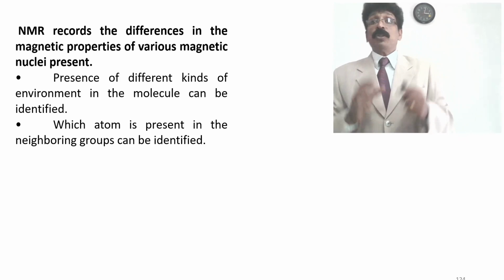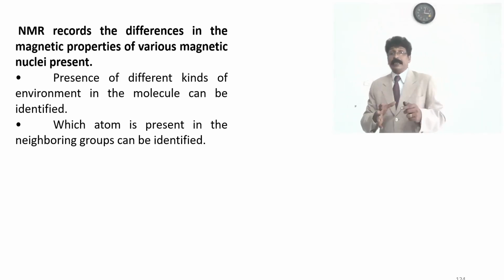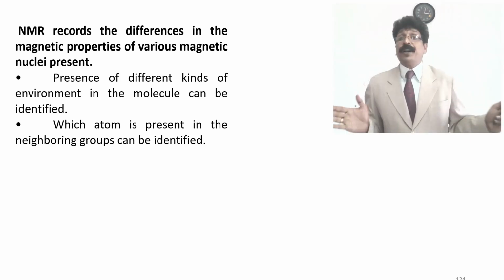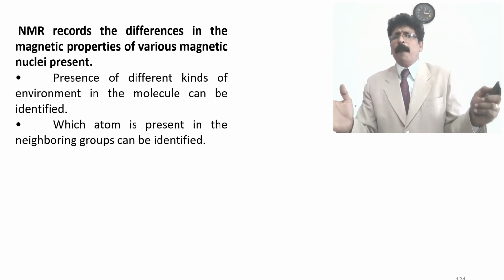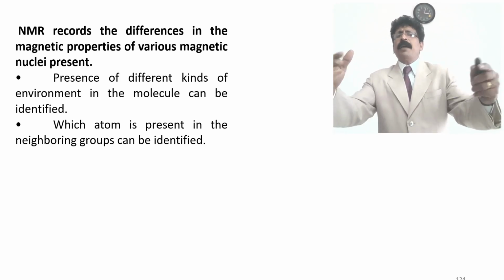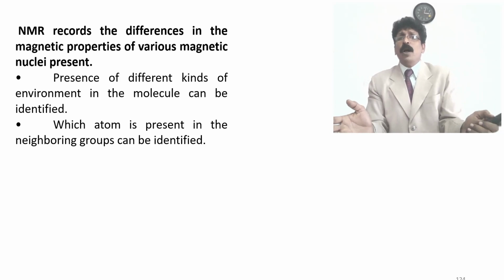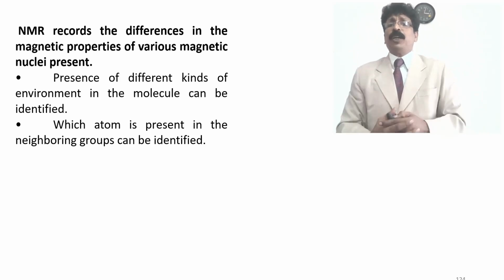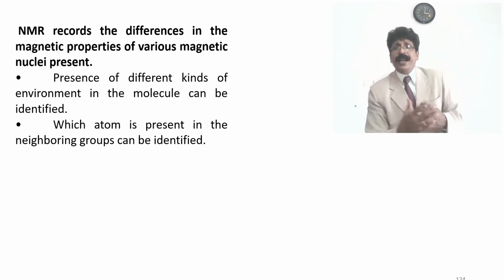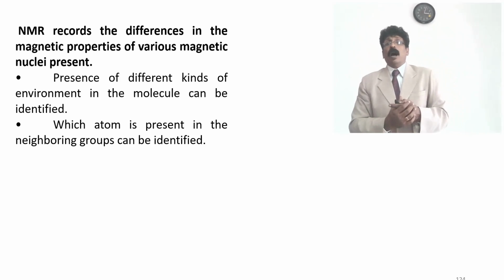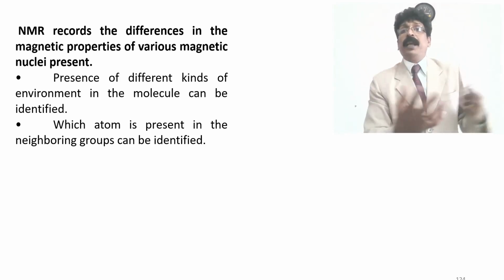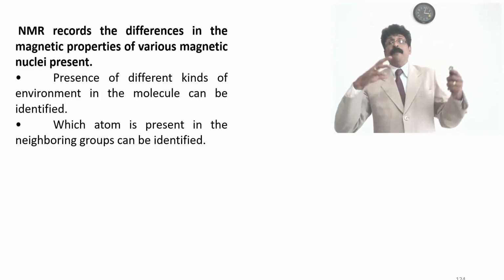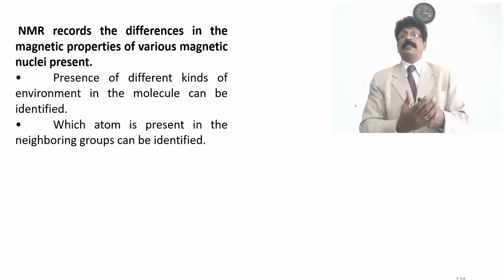You should know the basic thing: we are giving an application of radio frequency, an applied frequency, by means of a magnetic field. The change in the radio frequency in the molecule by means of spinning of the molecules will give the environment and the presence of atoms and what type of atom is present.